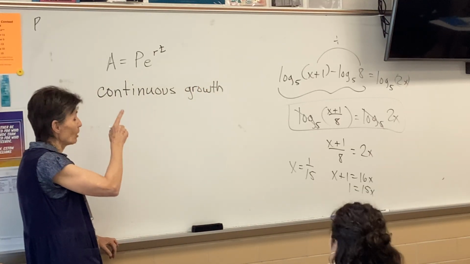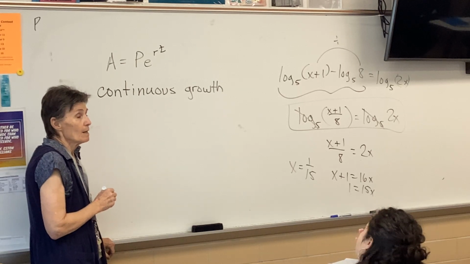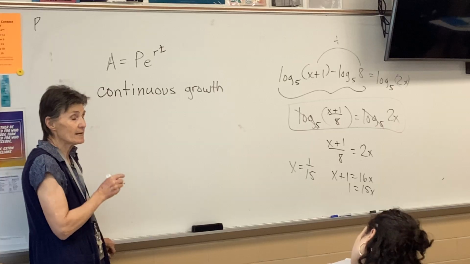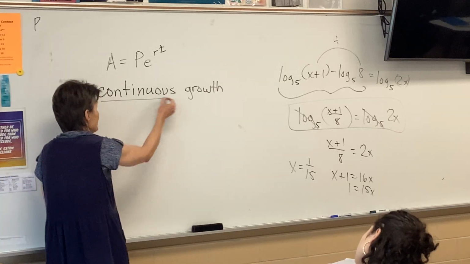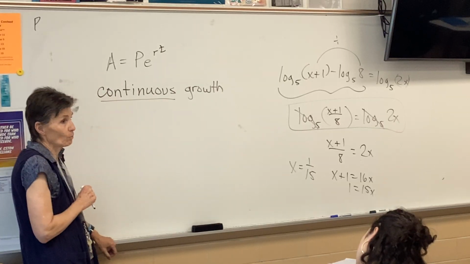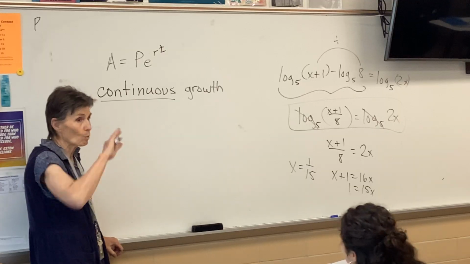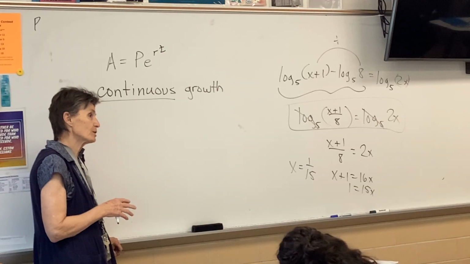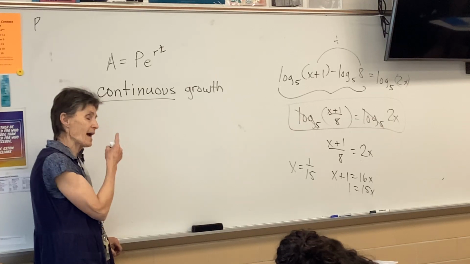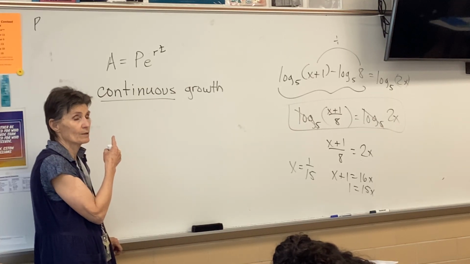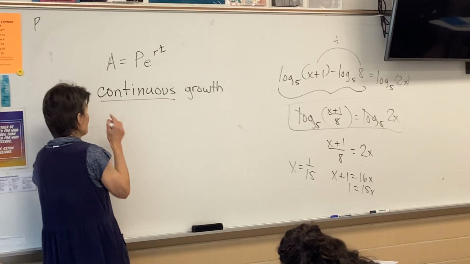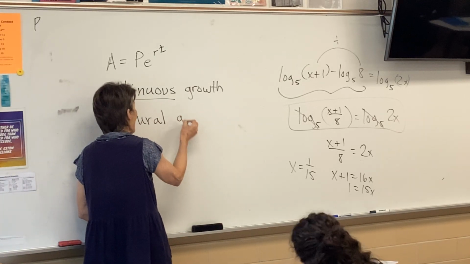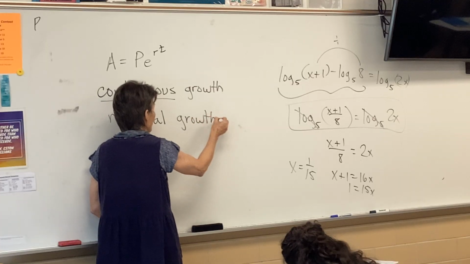We're going to talk about what all those letters mean in a minute. But if your problem contains the word continuous, you will use that formula. No matter what kind of problem it is, if it contains the word continuous, that's the formula you're going to use. You will also use this formula for any natural growth problems.